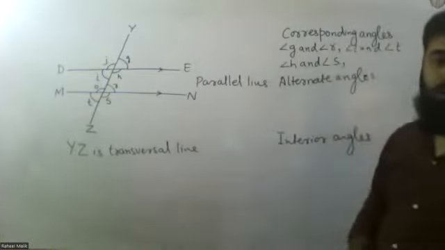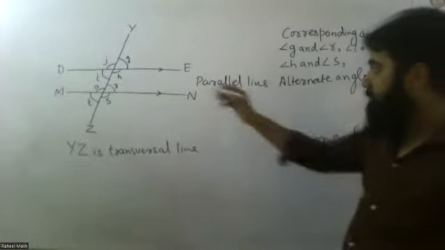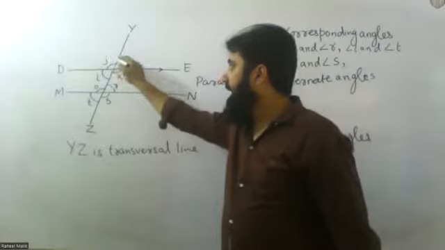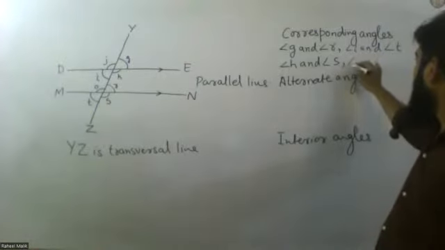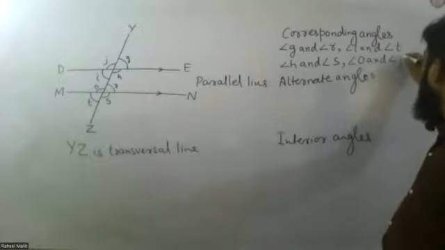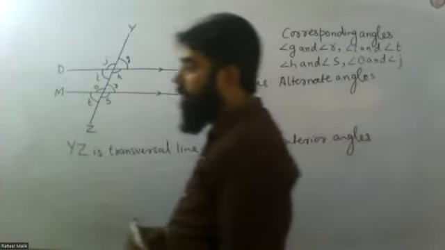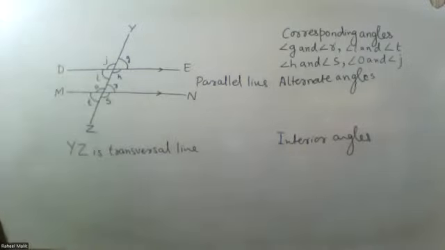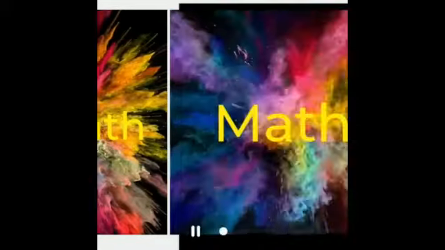And the last one, angle O and angle J, are also corresponding because their positions are the same. So this is how you are going to identify your corresponding angles.